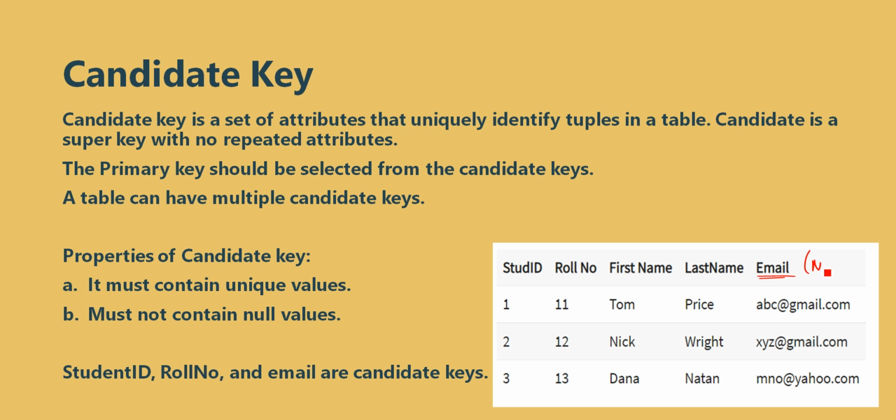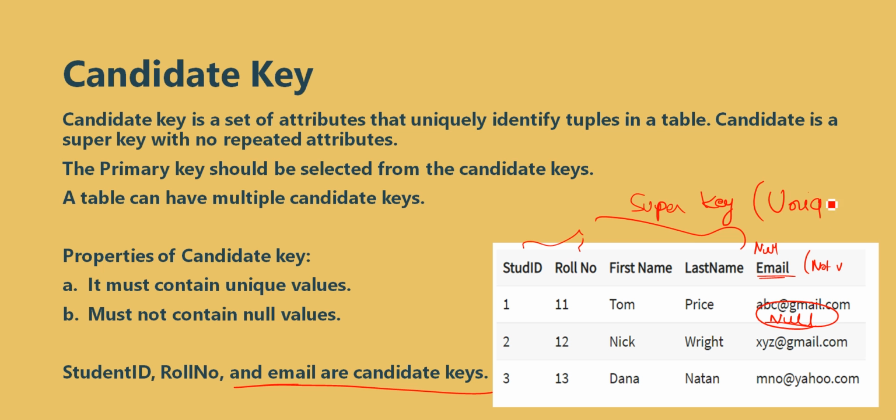So if this email is selected as not null, meaning we cannot store null here in any row, then it is going to be considered as a candidate key. But if any one of them has a null value, then this email will not be considered a candidate key, but it is still in the category of super key, because a super key only considers uniqueness. So let's say there are students called James, Ram and Syam.